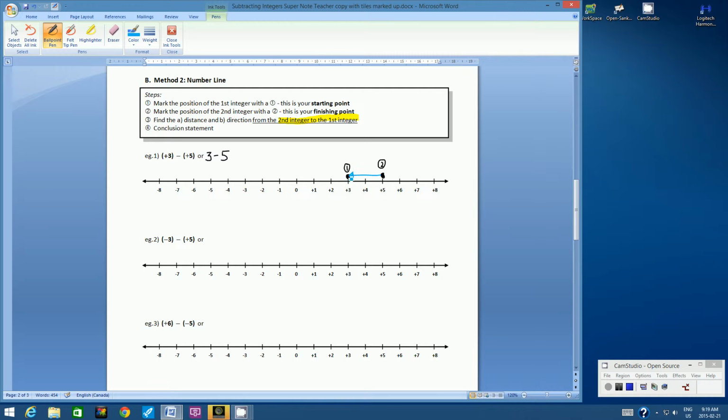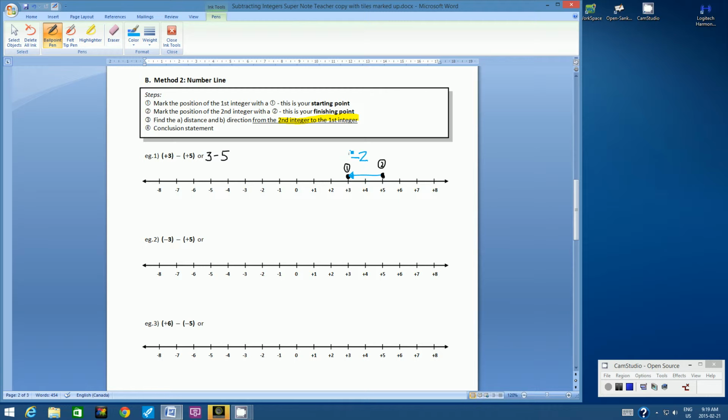So there's my arrow. Okay, so what direction did I move? I moved to the left. So left means negative integer. How many spots did I move? I went 1, 2. Now remember, the spot you're starting on doesn't count. So that's the distance. The direction was negative. The distance was 2.